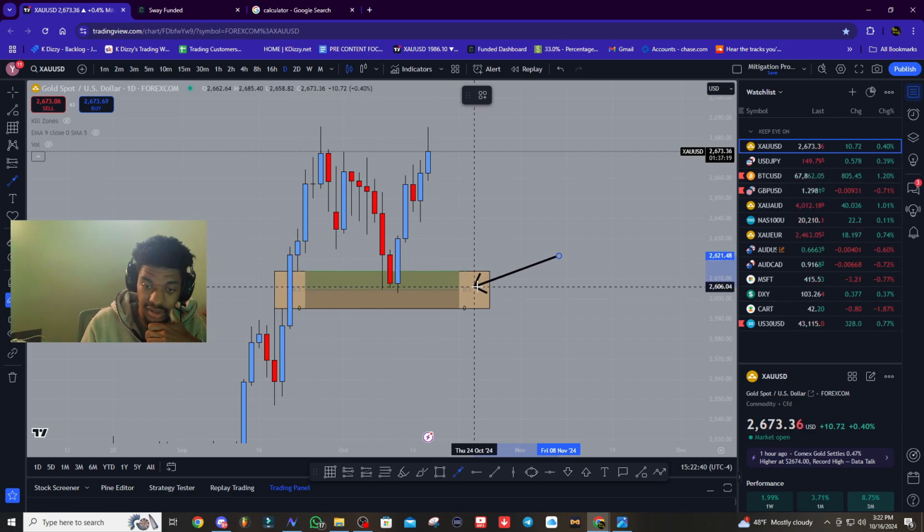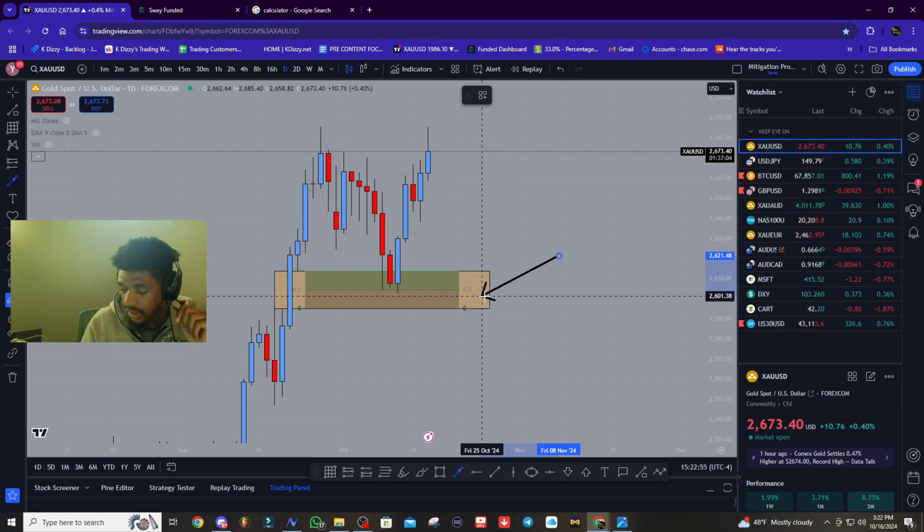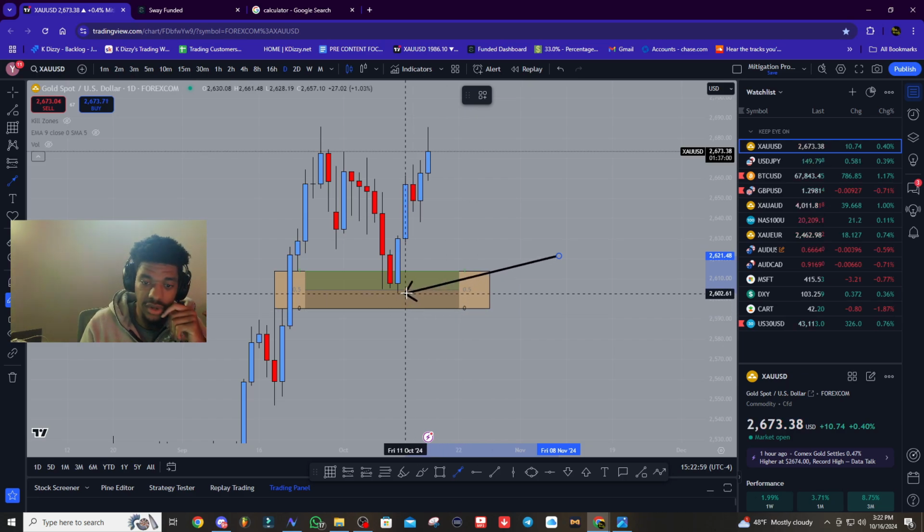It hit the 50% level, which is a very strong indicator showing whether it's going to respect or disrespect this area of interest that we have here, which could be multiple things, but we're talking about imbalances and institutional candles. So boom, 50%, and look what it's doing.